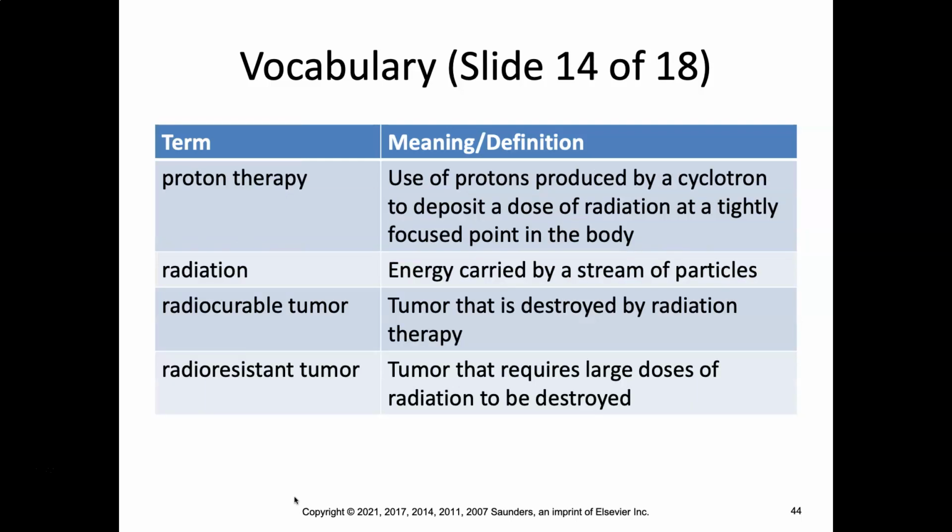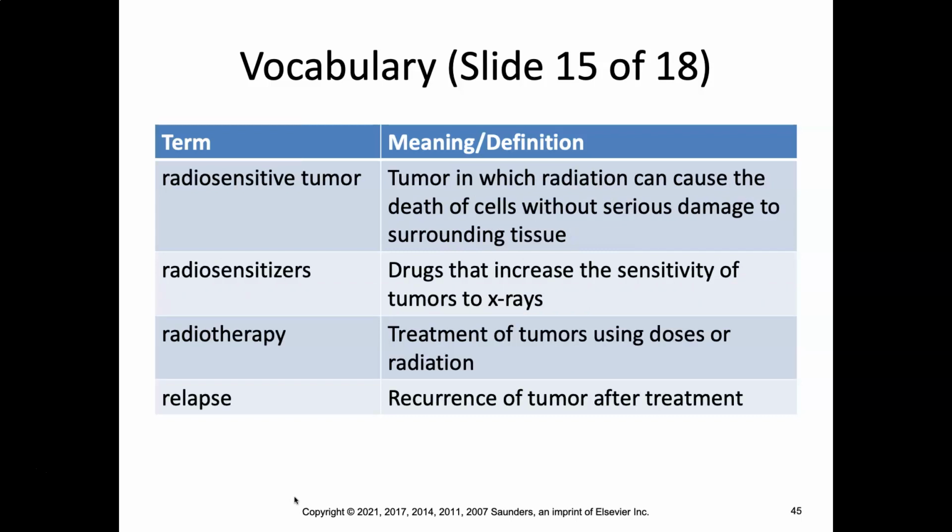And so more terms and more meanings and definitions. And of course, in the oncology field, they need researchers, they need physicians, they need physician assistants and nurses. They need medical assistants, pathologists.